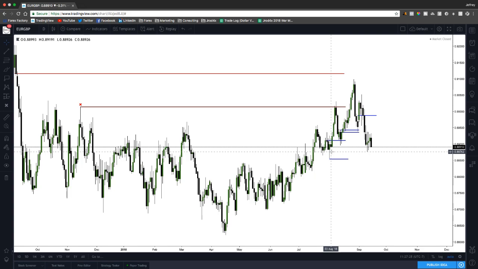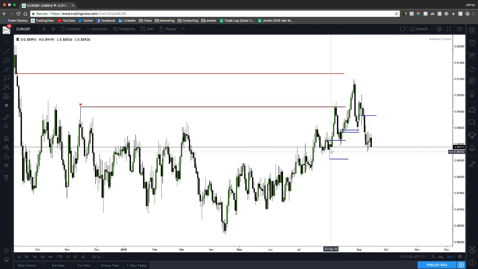Now, if this pair continues to push lower in a very aggressive manner, then that means Euro is weak and British pound is obviously stronger than Euro. So at that point, if we're still seeing weakness in dollar index, we would have to basically outline GBP USD as the better buying opportunity.